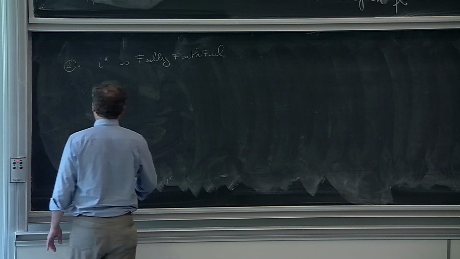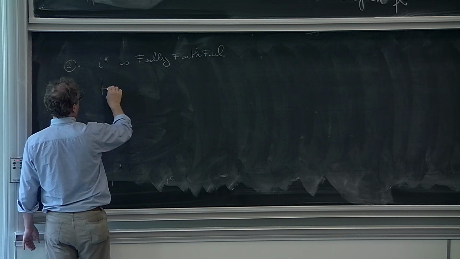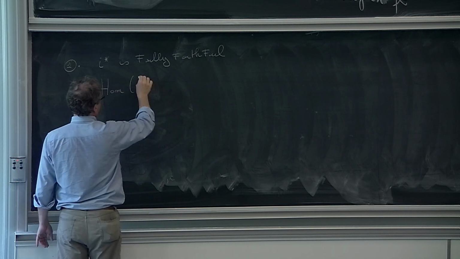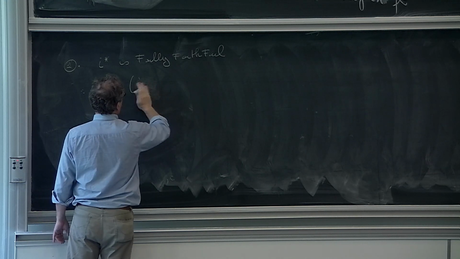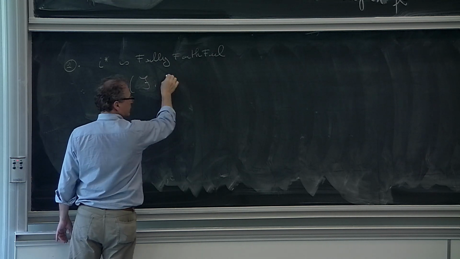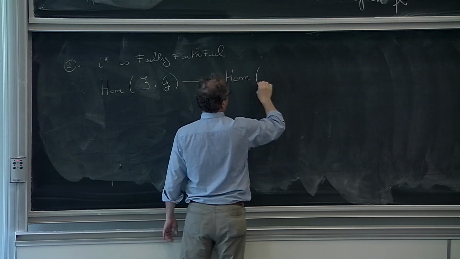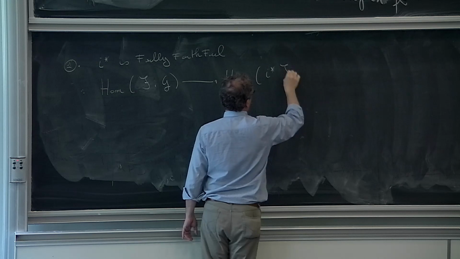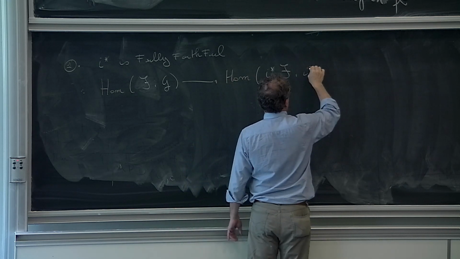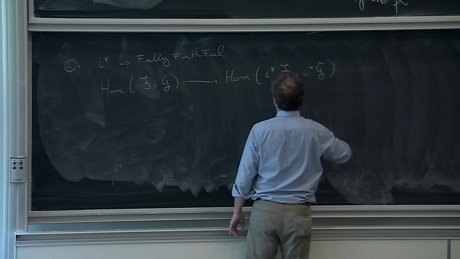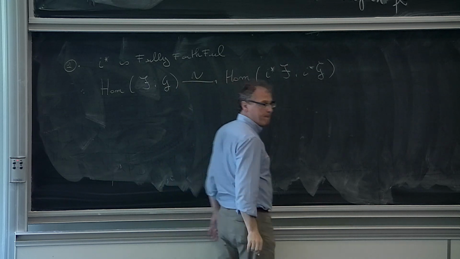Which means that if you have two maps f, g, then I up a star of f, I up a star of g is an isomorphism.